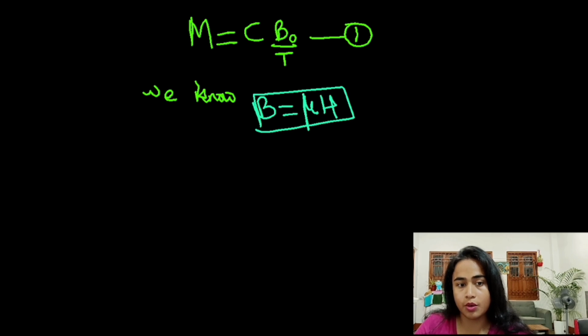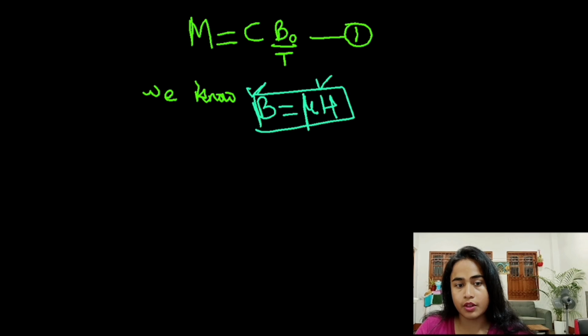This is actually your magnetic field and this is your magnetic intensity. So how this relationship we have obtained, I'll be deriving in the next video. For now, let's just take this equation.